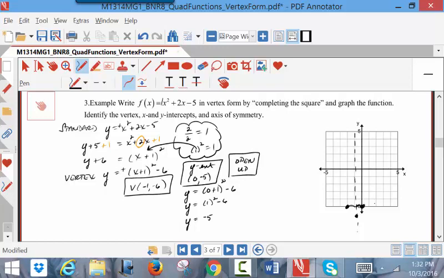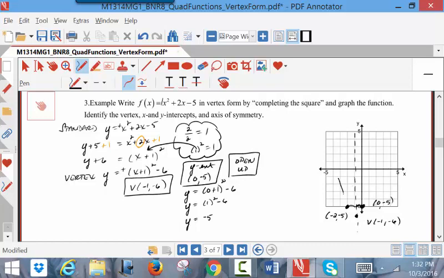So here's your point 0, -5, and the mirror image gives you what point over here now? -2, -5, right? Your mirror image point, we didn't go to the equation or anything, we just mirror imaged, and it's going to be -2, -5. And then your vertex is -1, -6.